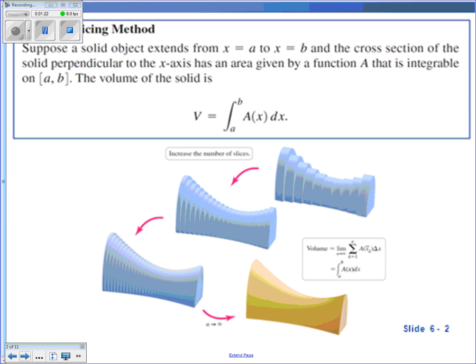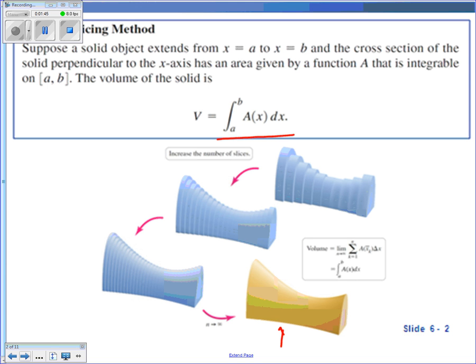Okay, so the slicing method. Suppose you have a solid that extends from x equal a to x equal b, and the cross section of the solid is perpendicular to the x-axis. If A is an integrable function on the interval from a to b, the volume of the solid will be the integral of A of x dx. Okay, so the idea here is we're trying to find the volume of this solid.